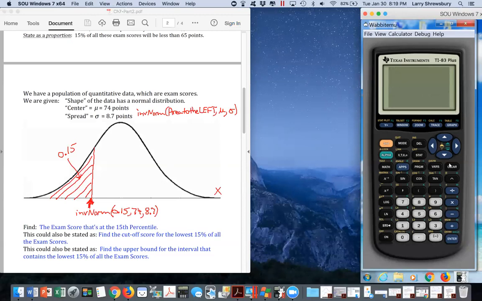Let's press clear that off. So for this one, we got to press the second key in vars as we did before, but it's choice number 3 for this one. So press 3, and so the area to the left is 0.15, comma, you want to enter it that way. 74, comma, your center, then your spread of 8.7.